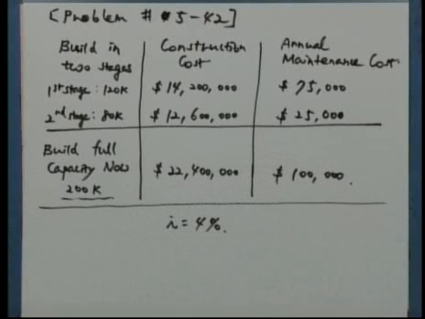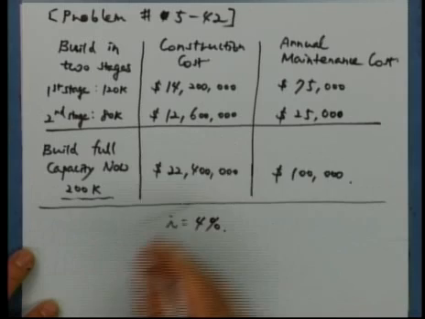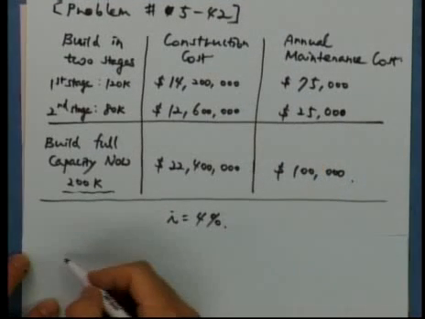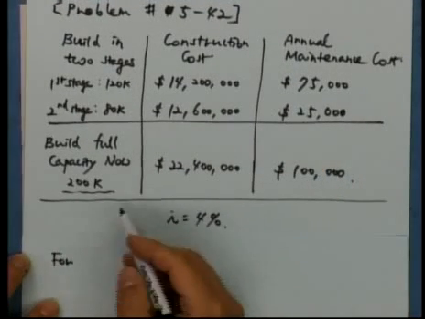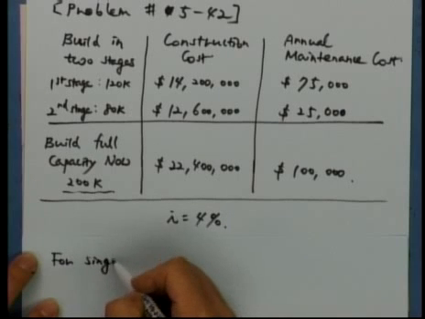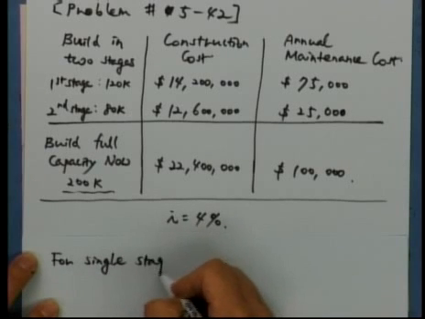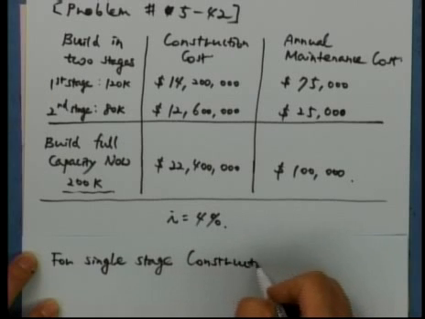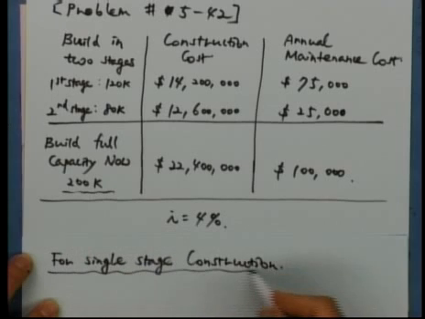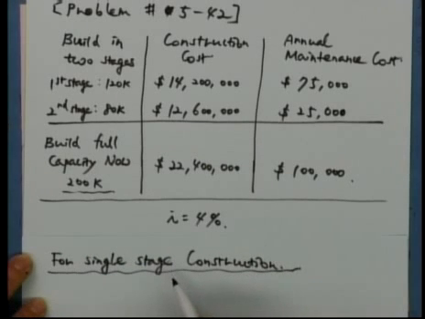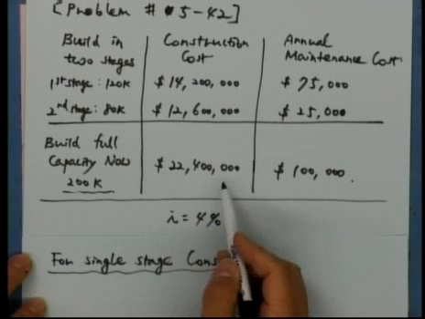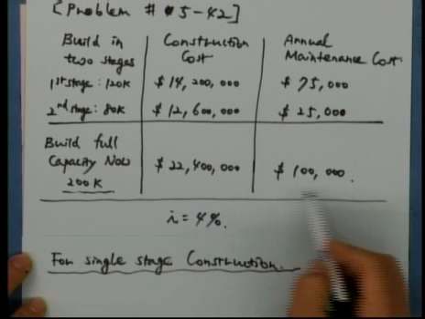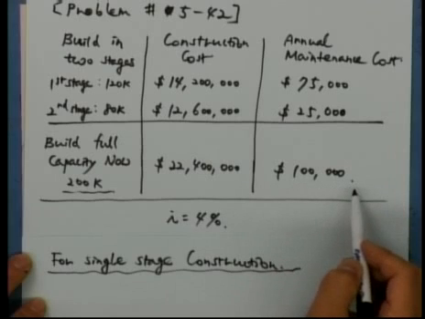So for the single stage construction, we just need to consider one time of a construction cost and annual maintenance cost for the next 25 years, right?